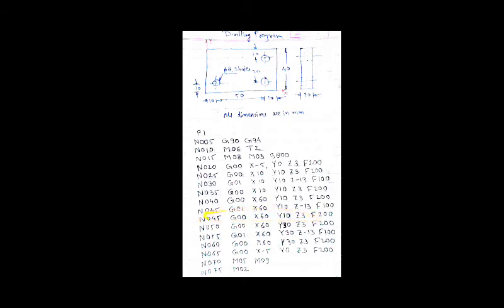Okay, so now we are going to move the tool from the second hole to the third hole. We are going to give the next instruction, that is G00 X60 Y30 Z3 F200.